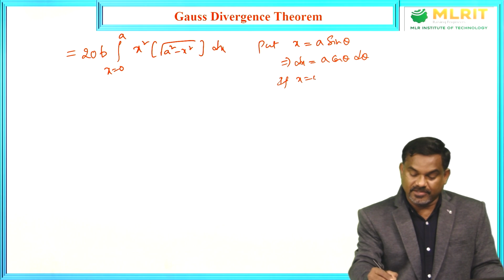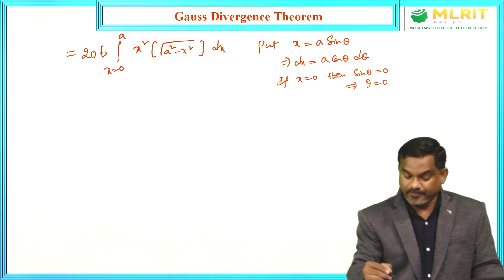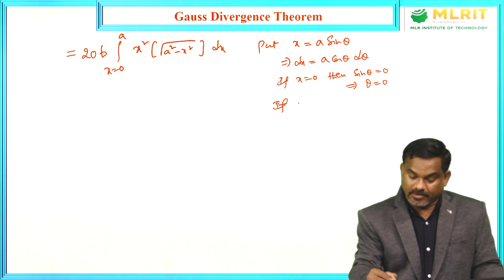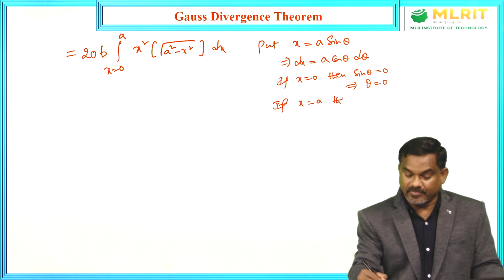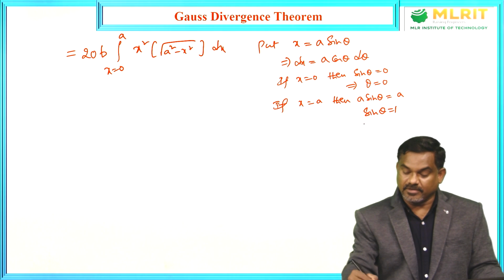If x is 0, then sin theta is 0. That implies theta is 0. If x is a, then a sin theta is a. So sin theta is 1. That implies theta is pi by 2.